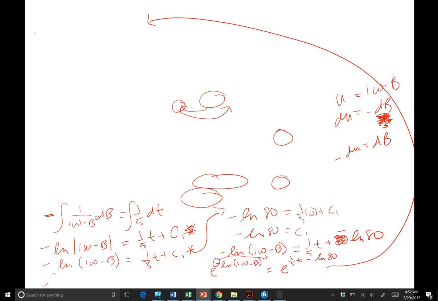So we've got e to the natural log of 100 minus b to the negative 1 power. And on the other side, I'm going to go ahead and separate it. So I've got e to the 1/5 of t, e to the negative natural log of 80.